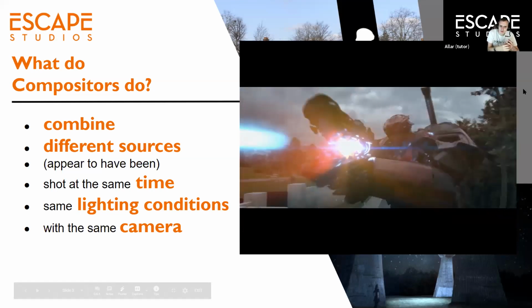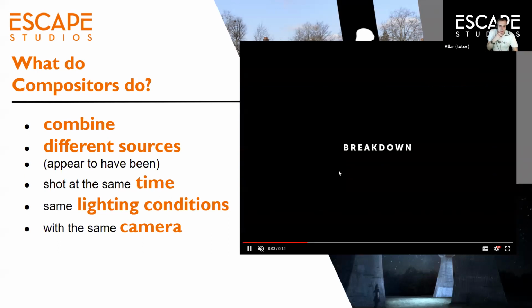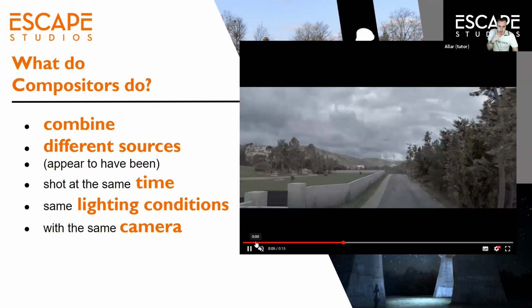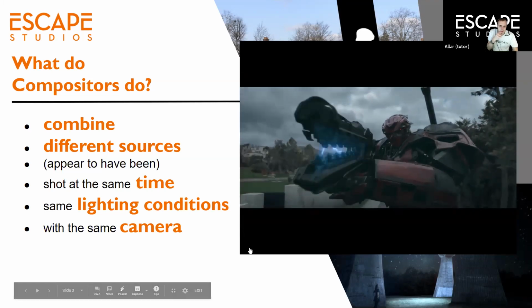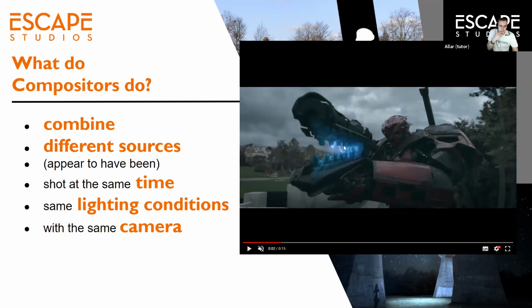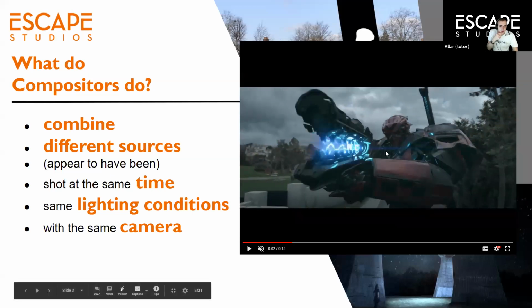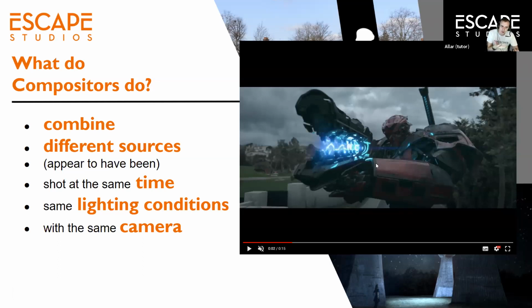As compositors, we take all these elements and make them look like they've always been together. If you go quite granular, for example when we add some small lightning effects, electricity happening, we have to generate this lightning effect nearby so that it actually looks like these things are interacting, that they were there at the same time under the same lighting conditions.